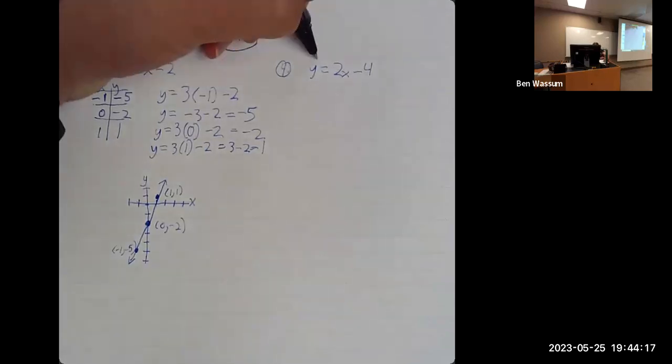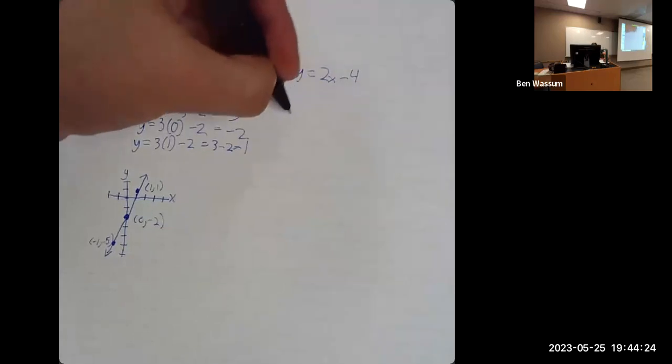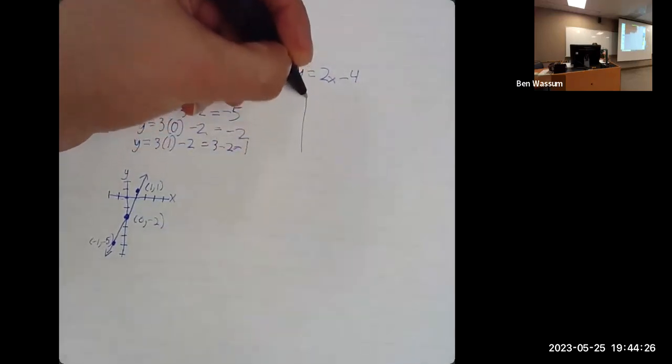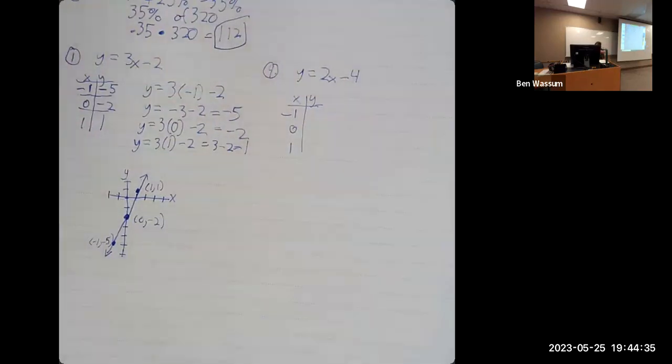All right. So our next one is y equals 2x minus 4. Same general idea. And I'm going to go ahead and use the same points. Just makes life easier.